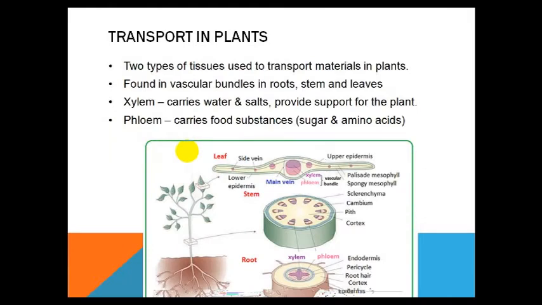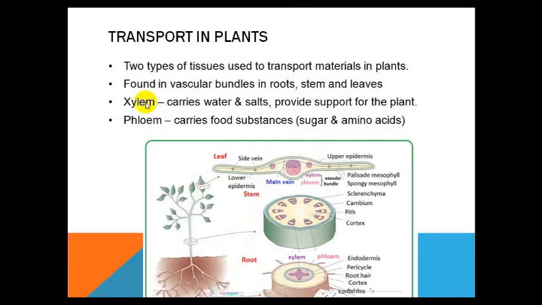For transport in plants, there are two types of tissues used to transport materials. These two tissues can be found in the vascular bundles of the roots, stem, and also the leaves. Provided here are the cross sections, the transverse cuts, of the leaf, the stem, and the root.